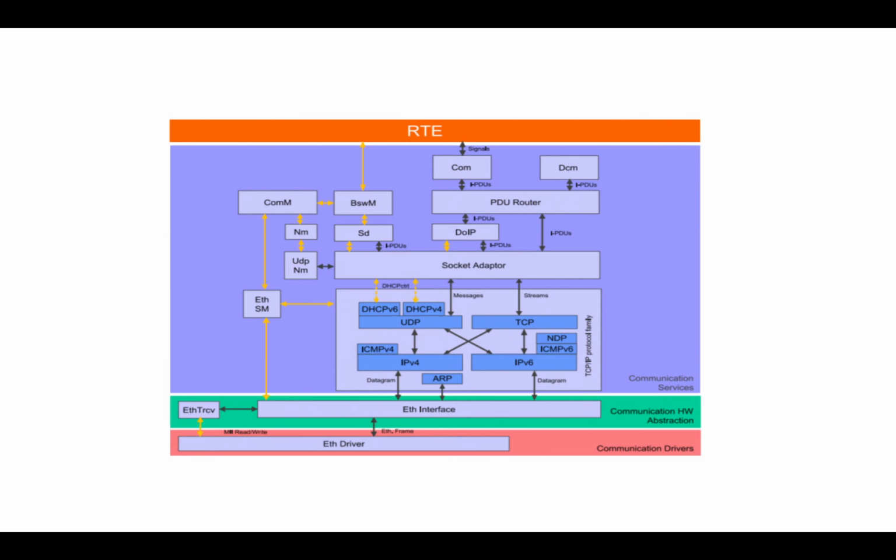And in the COM layer, IPDU, signal groups, IPDU groups, all those things need to be present. From the ECU extract it will come directly, so those things need to be configured.